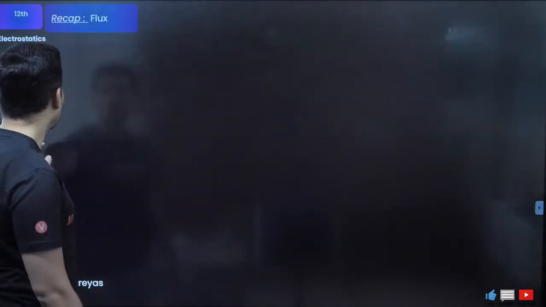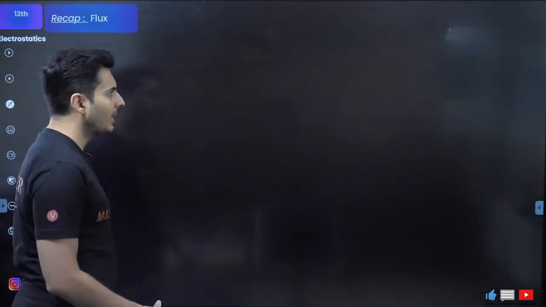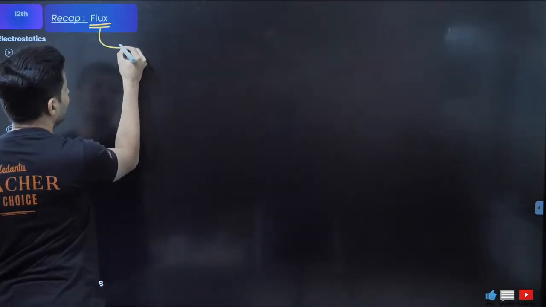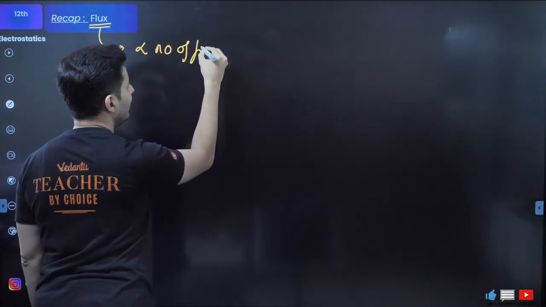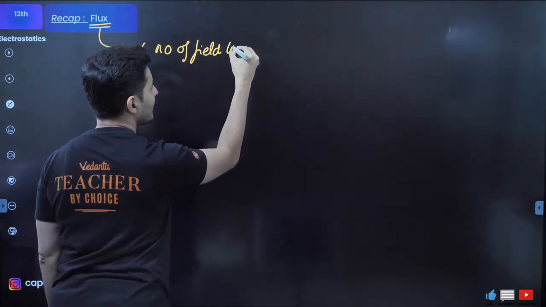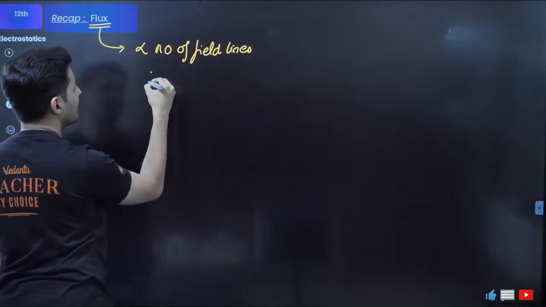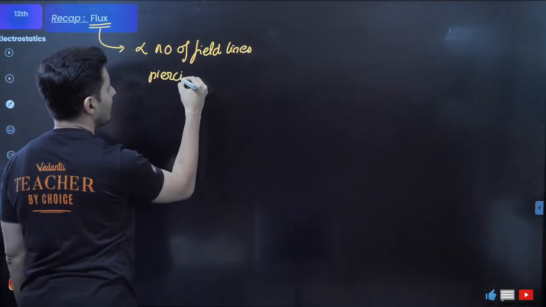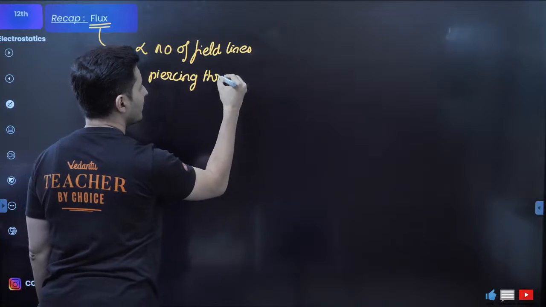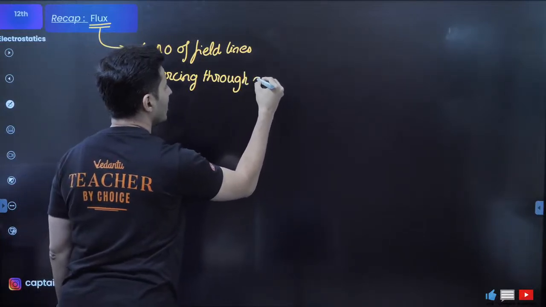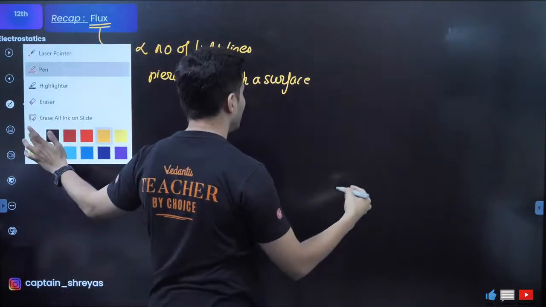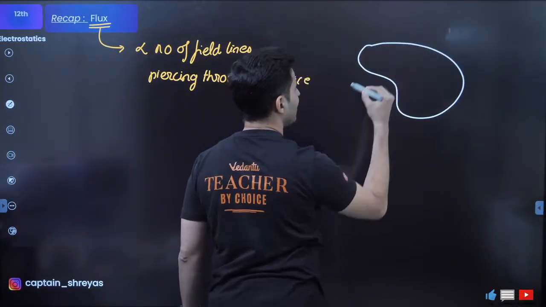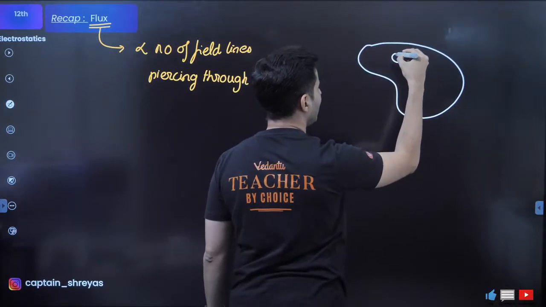That will help you. Now, in the previous classes we have studied about flux. Let's do a quick recap. Flux is nothing but directly proportional to the number of field lines which are piercing through a surface, and if I have some surface, let's say like this, you can take a small area over here.